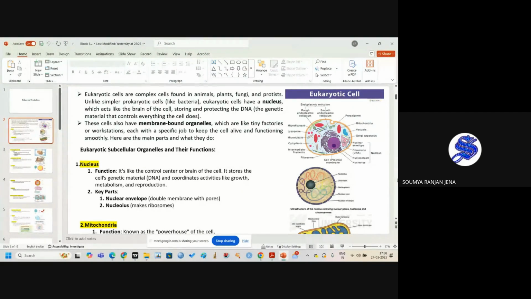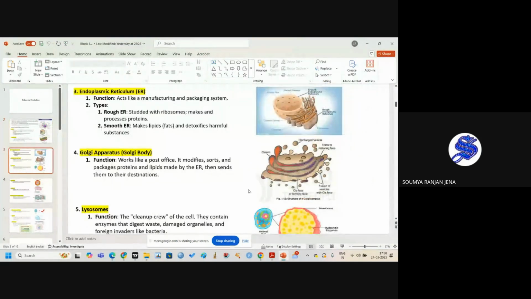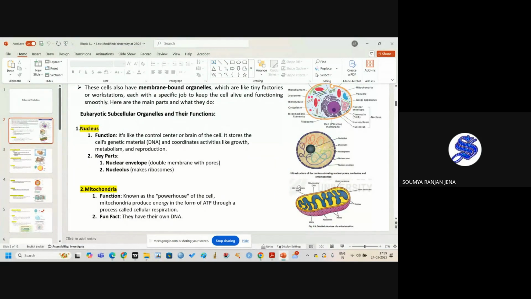Then we go to the mitochondria. As we know, mitochondria is called the powerhouse of the cell because it produces energy in the form of ATP during the Krebs cycle or TCA cycle, that is the tricarboxylic acid cycle.